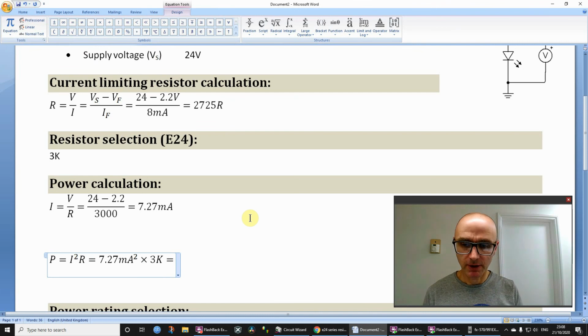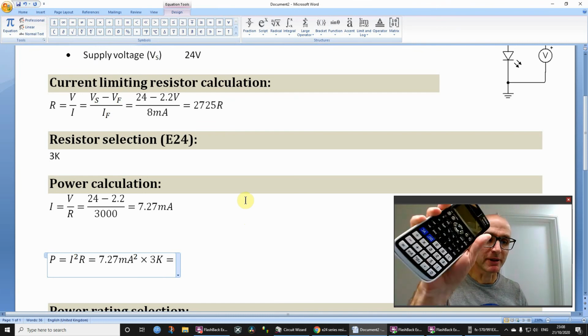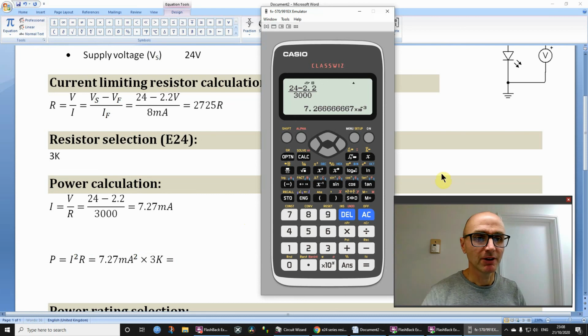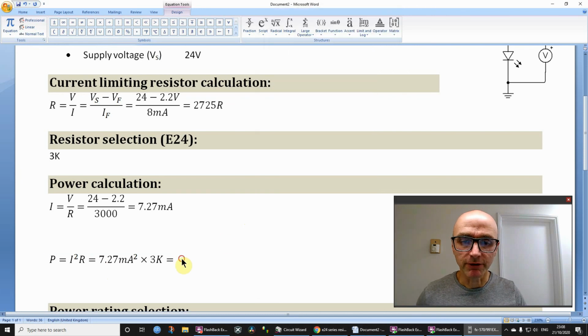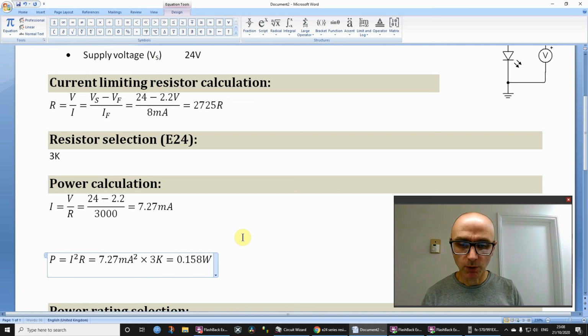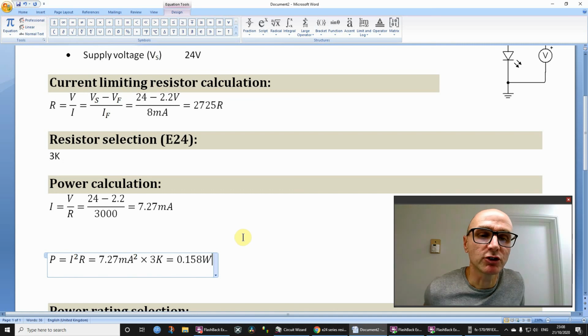We've already got that value, so let's square that answer and then multiply it by 3000, which gives us 0.158 watts of electrical power.